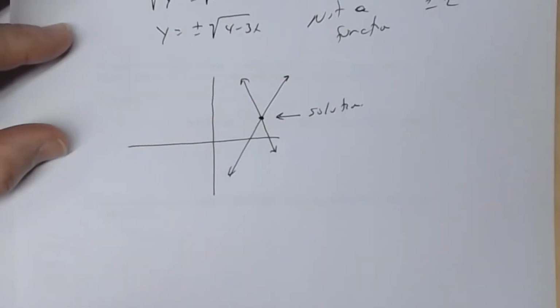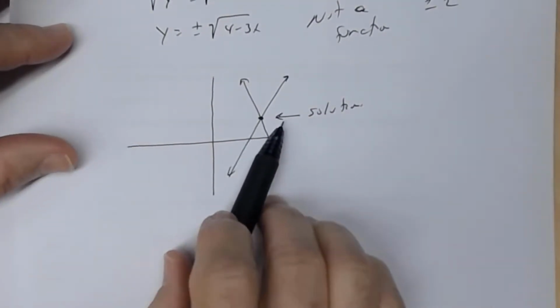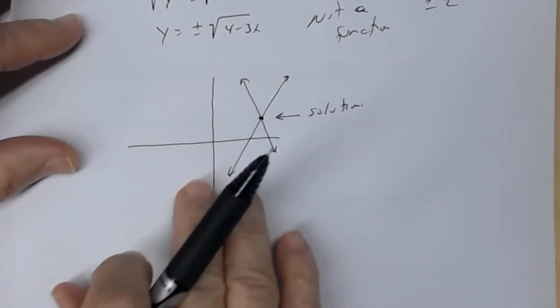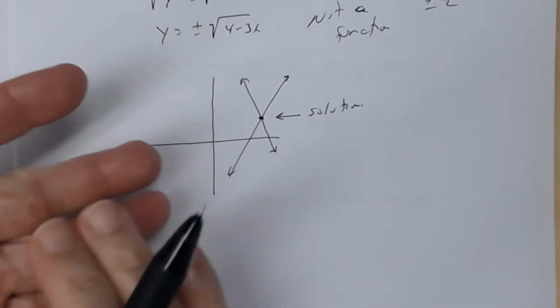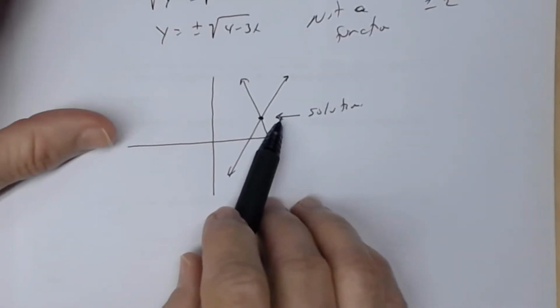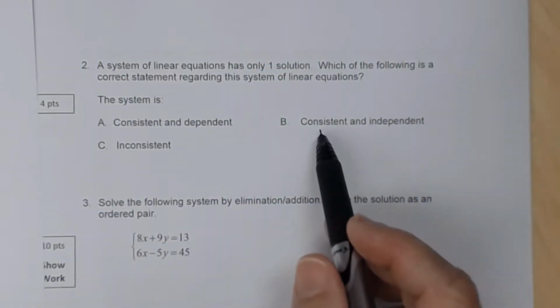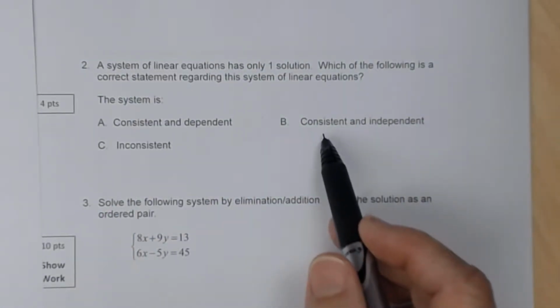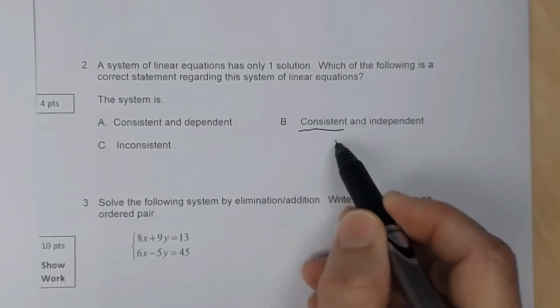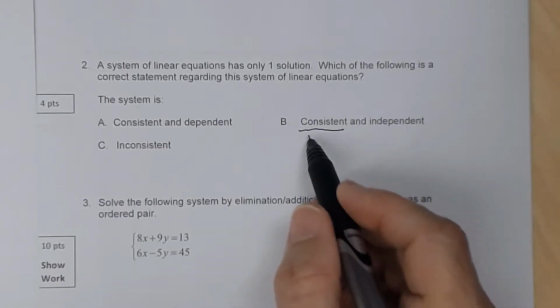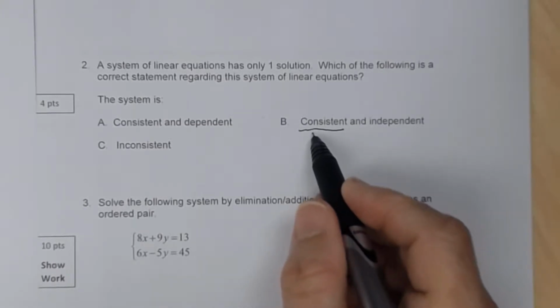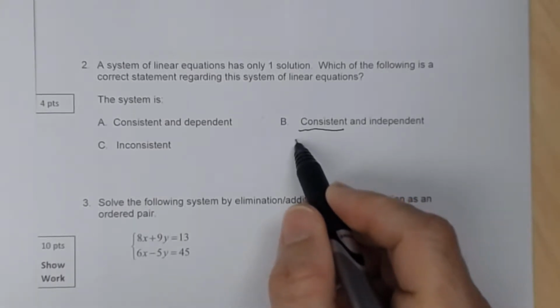All right, now when we talked about this, if a system has at least one solution, not an infinite, but a finite number of solutions, then that system is consistent and those equations are independent. All right, so that's a consistent. So a consistent system is a system that has at least one solution.